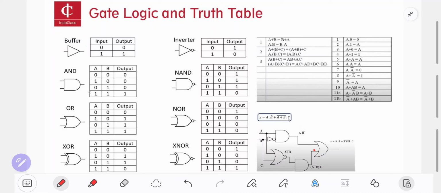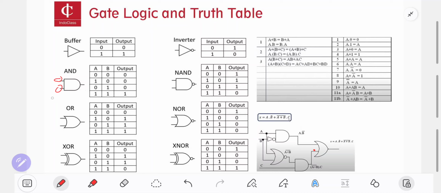Next, the second gate logic is AND. You can think of it simply: we have minimum two inputs and the result is one output.